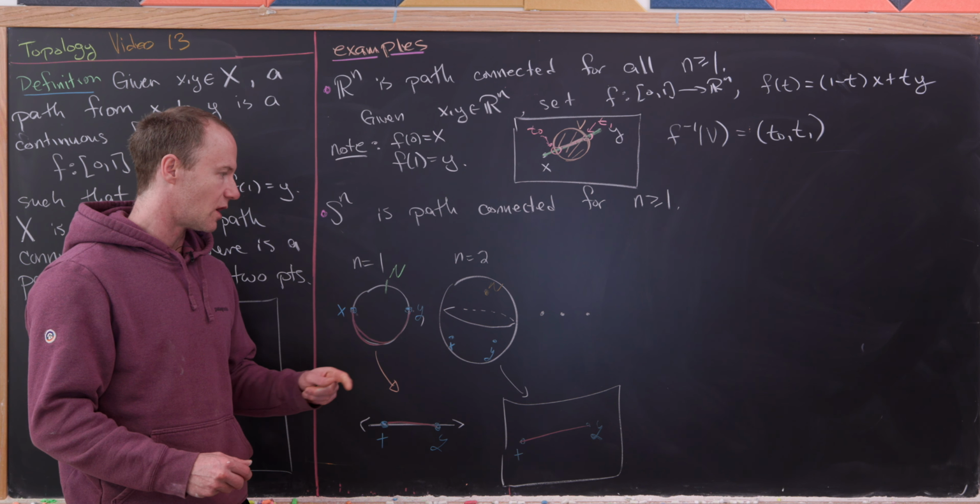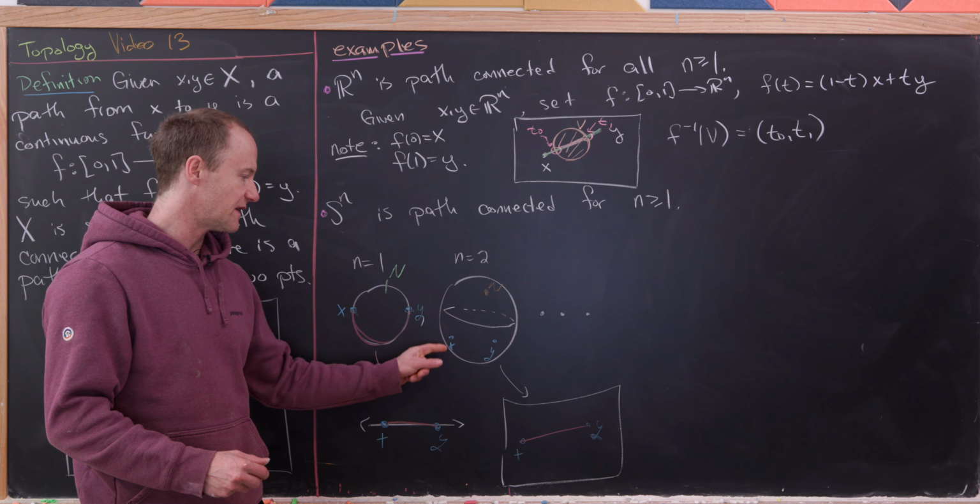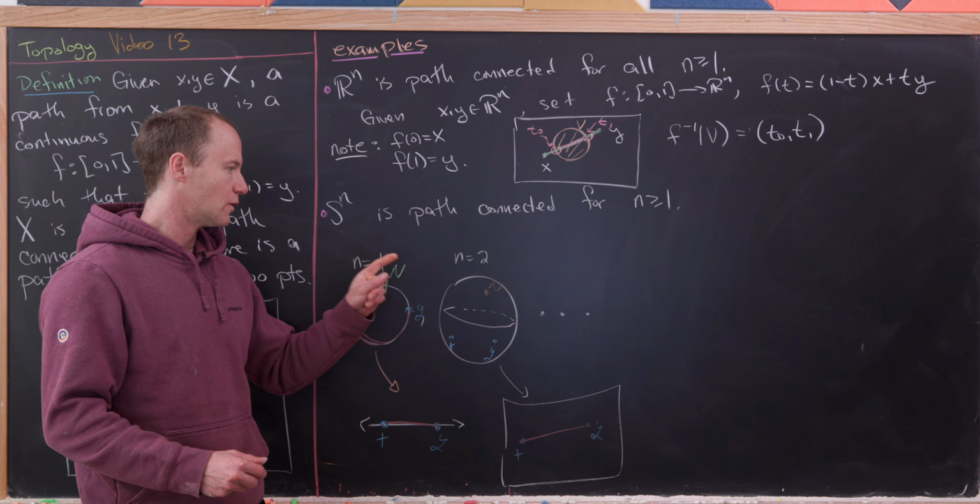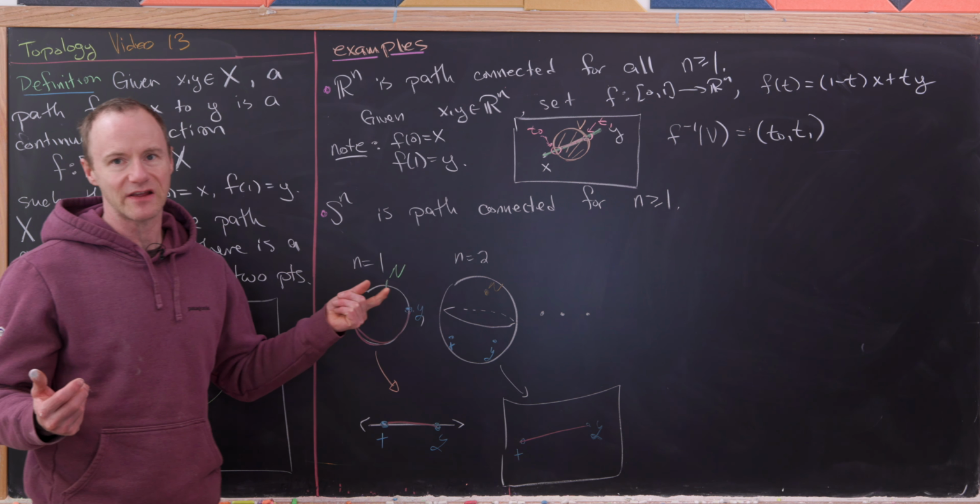But let's recall that all we did is once we were given 2 points, we chose any third point to be the northern hemisphere. So we chose our 2 points to find a path between before we fixed our point that we're stereographically projecting off. And then, I guess the last thing that you would do is you would map this back up to the sphere and you would get a path between X and Y.